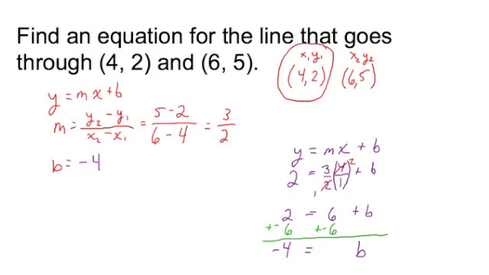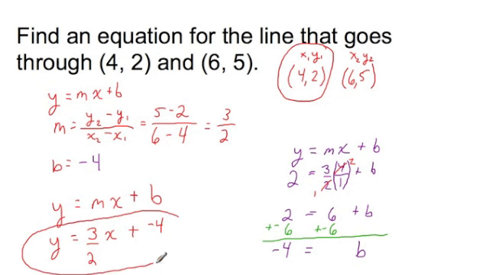Once I have that, I can substitute this into the equation of a line, which is y equals mx plus b. In this case, remember y and x stay just as they are, and in this case, m is 3/2, x stays just as it is, plus b, which is negative 4. So an equation for this line that goes through (4, 2) and (6, 5) is y equals 3/2 x plus negative 4.